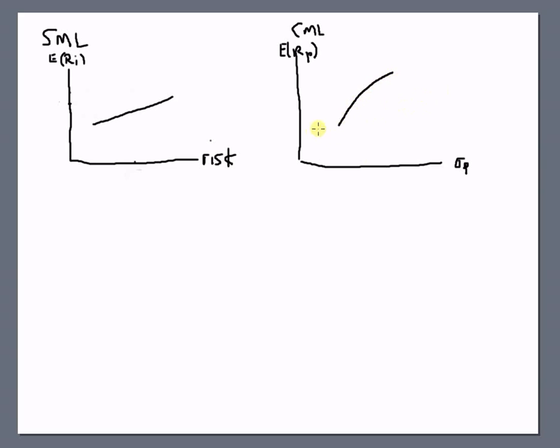And let me draw a tangency graph. Right, so this is the risk-free rate. Okay, so assuming that we can invest in a market portfolio at this risk sigma m, you can get the expected return at this point, which is the expected return of the market portfolio.